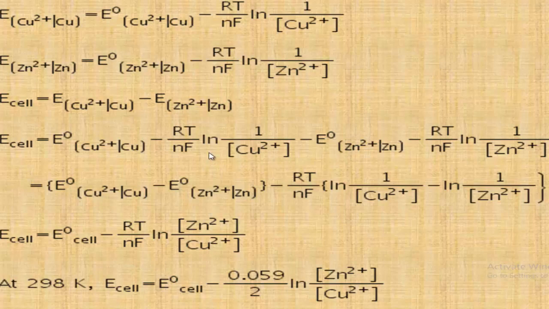So in the galvanic cell, for the cathode reduction potential, applying the Nernst equation, we can write this way. Here the non-standard state cathode reduction potential equals the standard state cathode reduction potential of copper ion per copper, minus RT by nF ln 1 by copper ion.